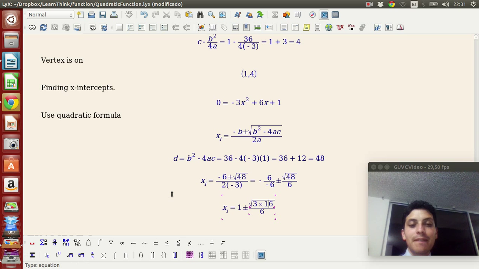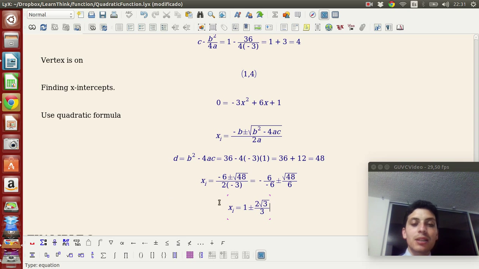And the square root of 16 is 4, so we can write it as 4 square root of 3 divided by 6, and we can simplify the 4 with the 6 using 2/3 of the square root of 3.